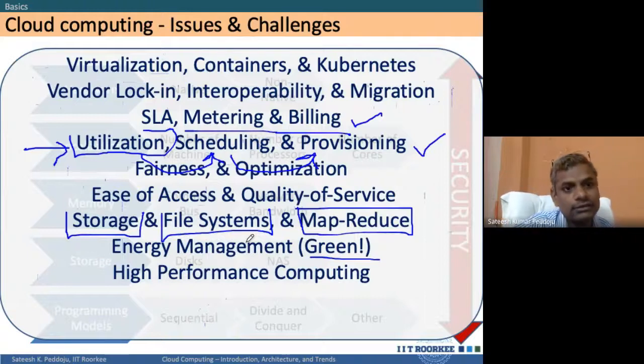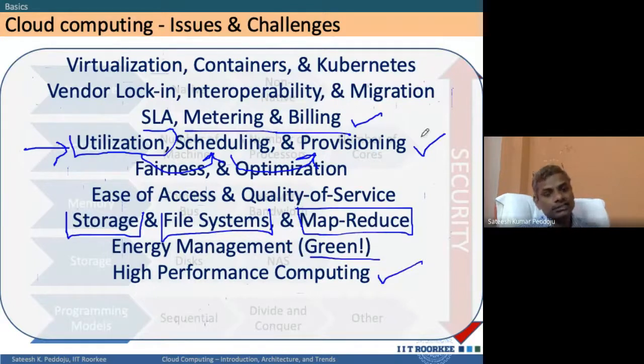And also, these cloud computing systems are typically designed in such a way that general purpose applications are on one side, and high performance computing applications are on the other side. High performance computing systems focus on computing as the main purpose, as I told you, scientific applications and all that.